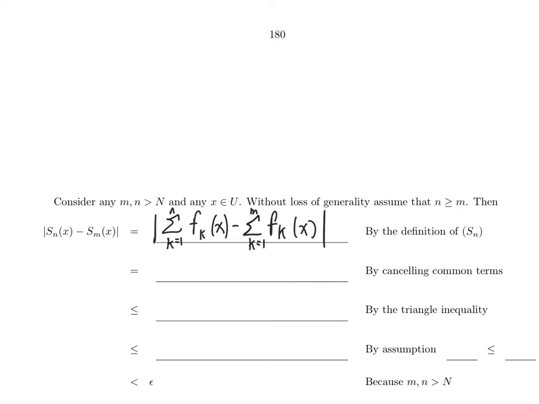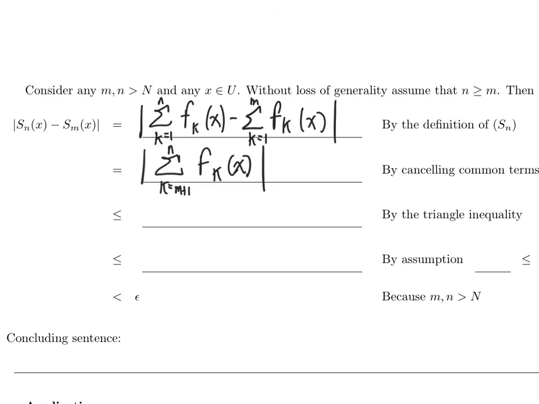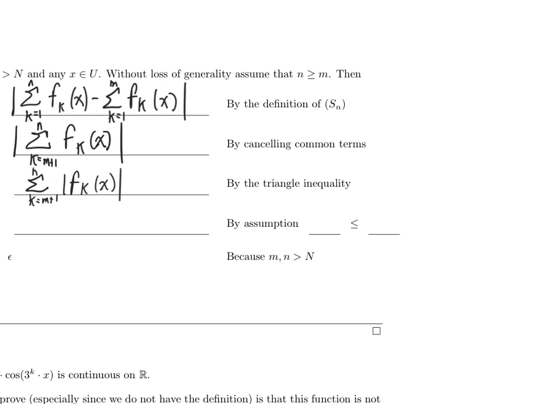Let's cancel some common terms. I know that all of these terms are also terms in that sum because little n is bigger than little m. So this will reduce to the absolute value of the sum from k equals m plus 1 up to n of f_k(x). By the triangle inequality, I can move those absolute value bars to the inside. Now notice, one of the assumptions of the theorem is that the absolute value of f_k(x) is less than or equal to M_k.